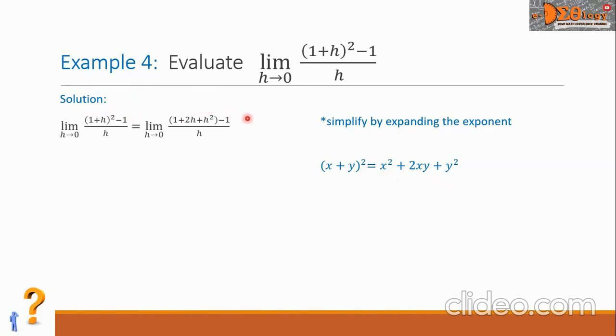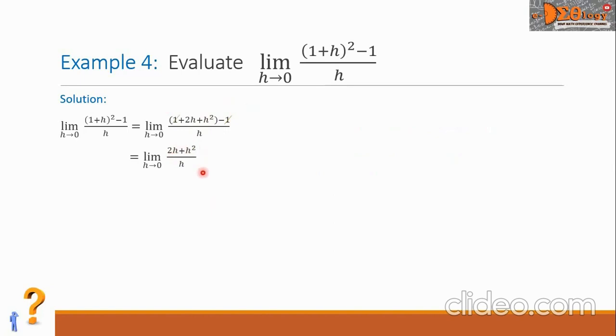To simplify our numerator, we can see that there is a positive 1 here, while there is negative 1 in here. These two numbers will zero each other. So our function now becomes 2h plus h squared all over h.